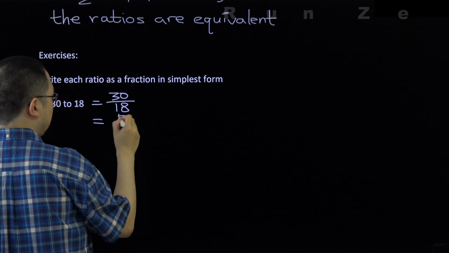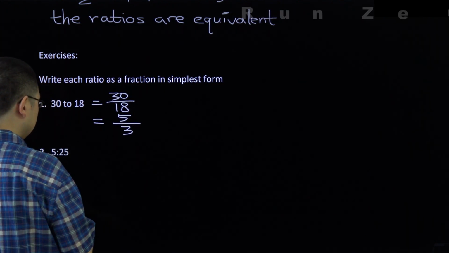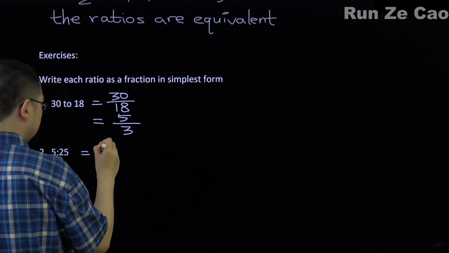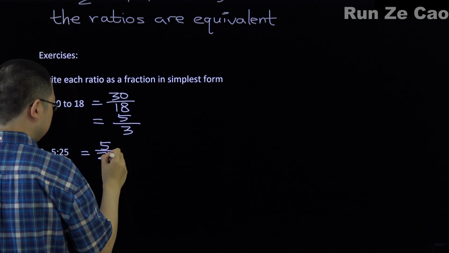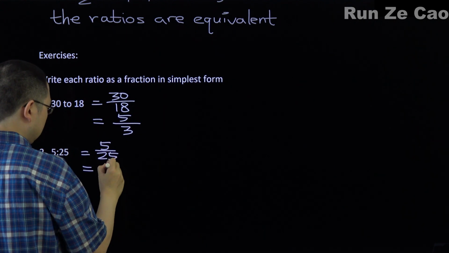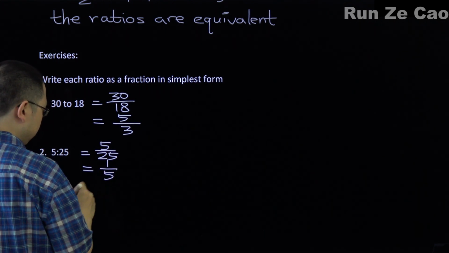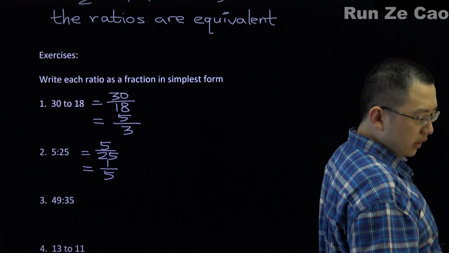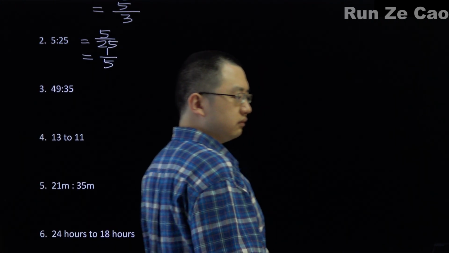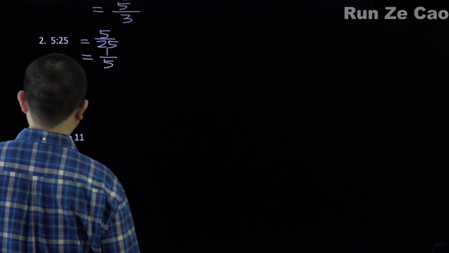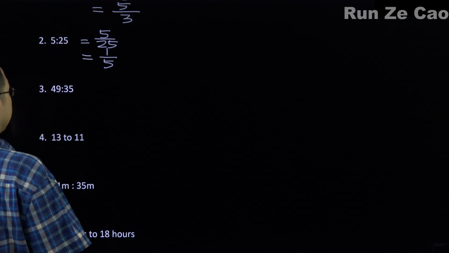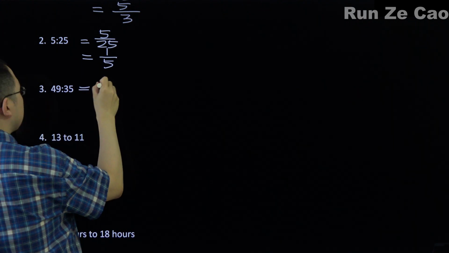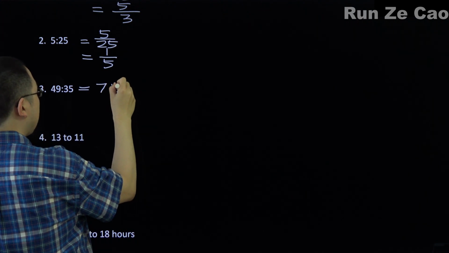So it's 5 over 3. 5 to 25, well, that's 5 over 25, which is equal to 1 over 5. 49 to 35, well, they are both multiples of 7. Specifically, equals 7 to 5.